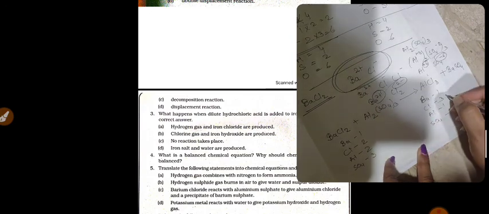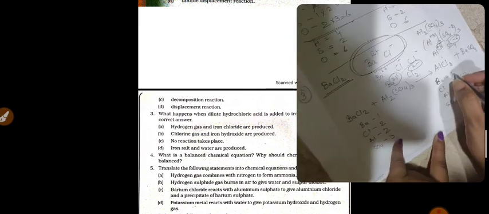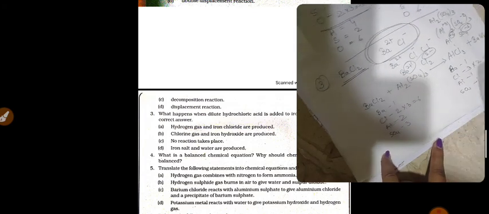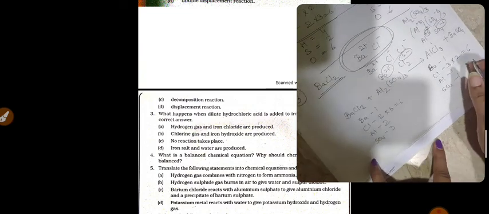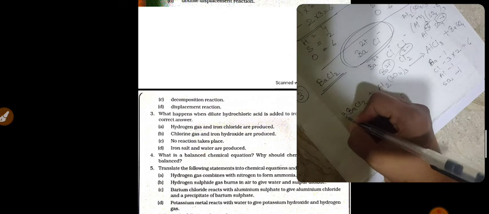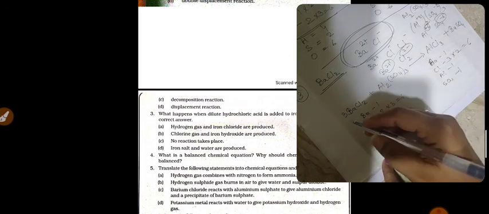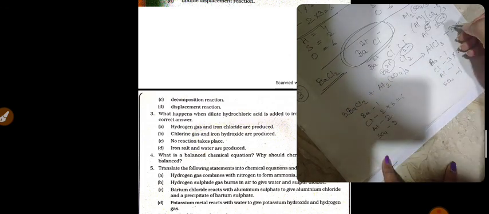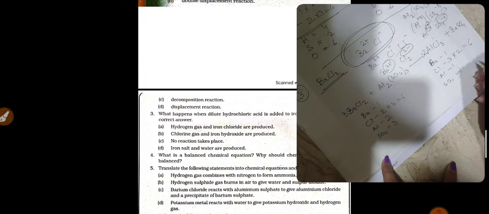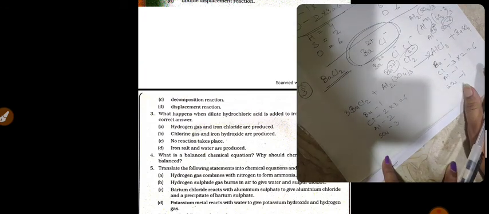So first Cl, 2 multiplied by 3, so 6. So for that, multiply this by 3, so multiply this by 2, AlCl3, right?